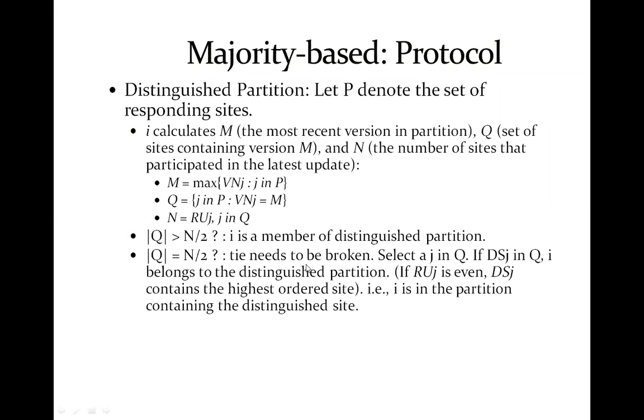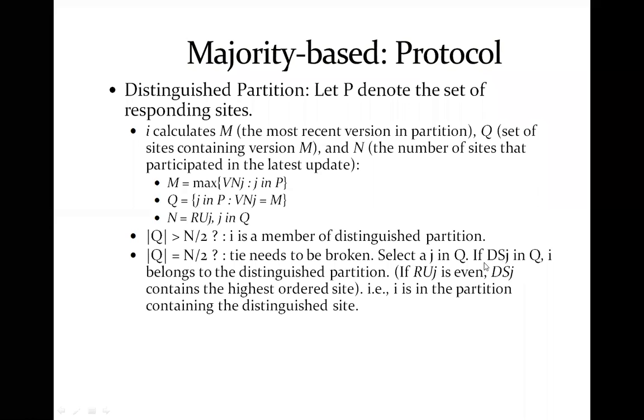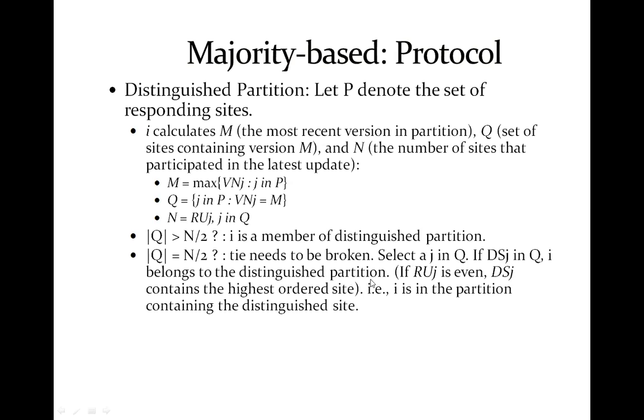So for breaking this tie, what is done? We select a site J in Q. We select any site J in Q, and if DSJ, the distinguished site set at the site J, is in Q, then I belongs to the distinguished partition.